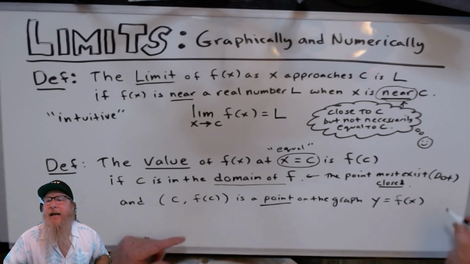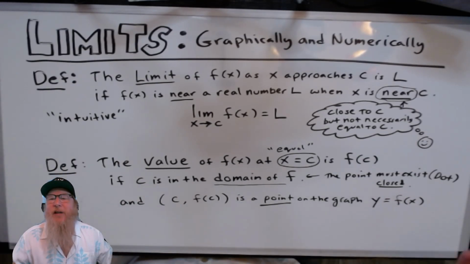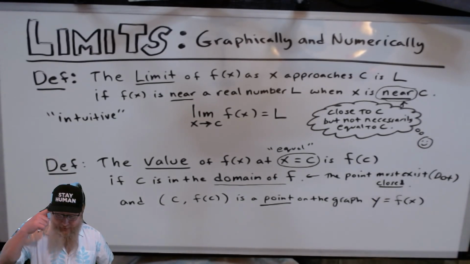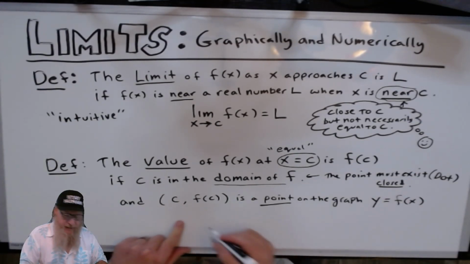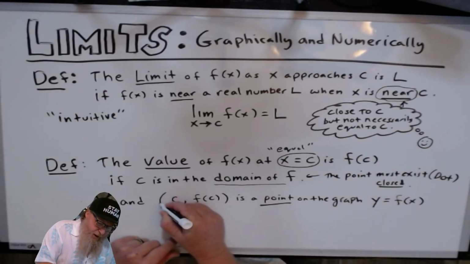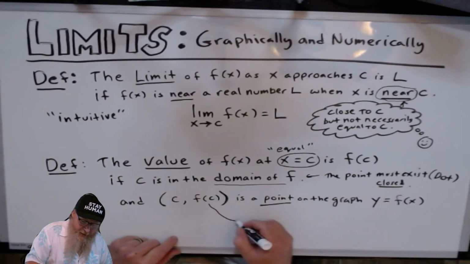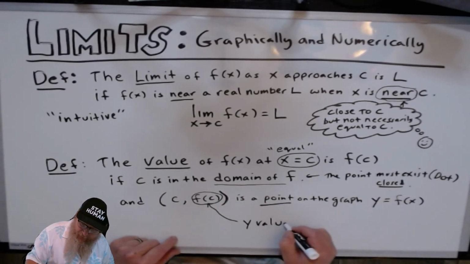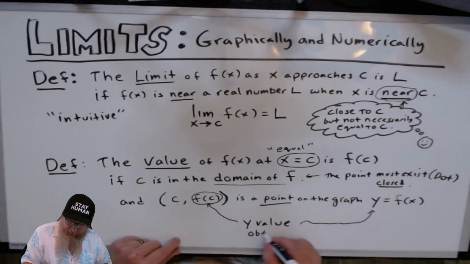Again, I used a lot of synonyms yesterday for what it means to be existing, for the point to exist. And so the point is (c, f of c). We do have to use ordered pair notation, so parentheses. And then I'll make a note here: f of c is a y value obtained by plugging in c.